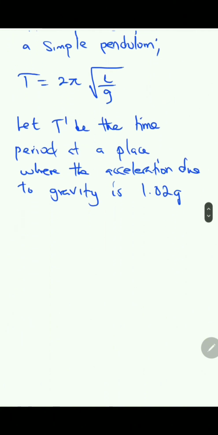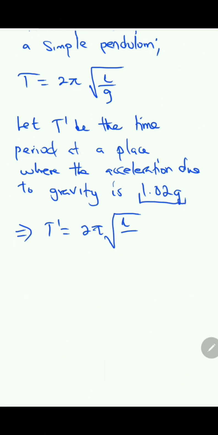So this is to say that T prime, which is our second period, is equal to 2 pi times the root of, so the length is maintained, still the same one, then acceleration due to gravity is 1.02 g.